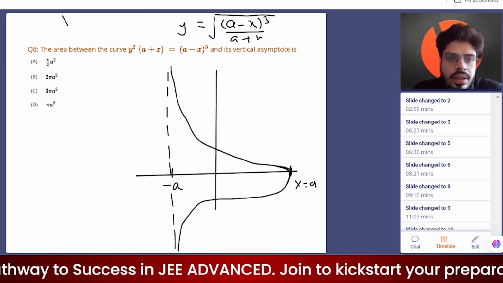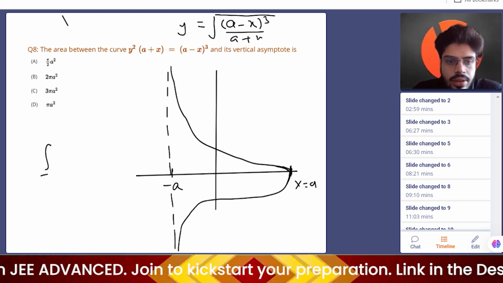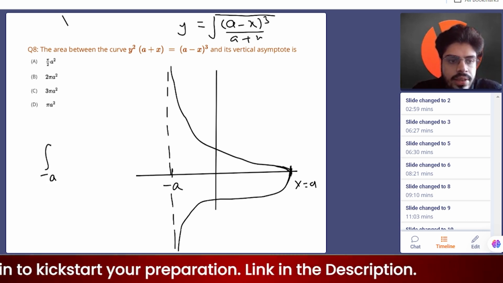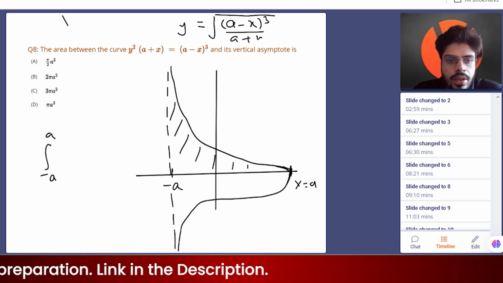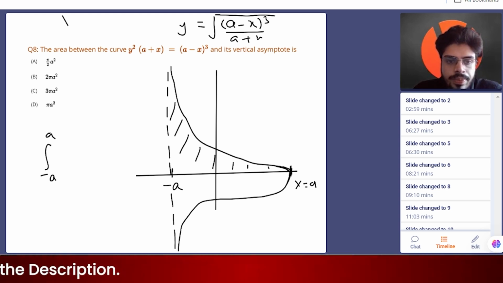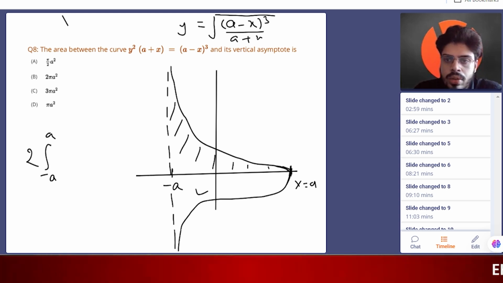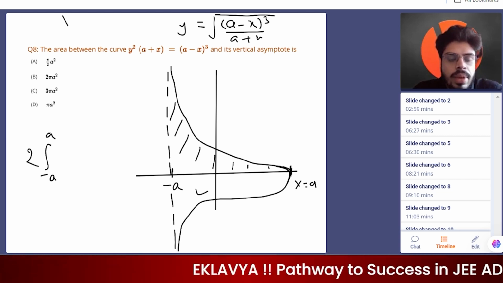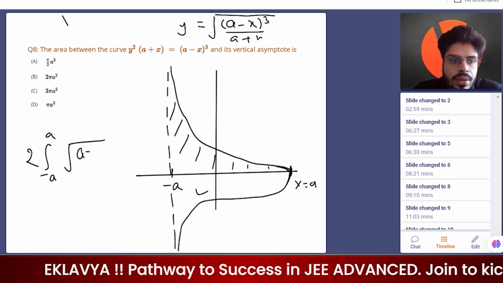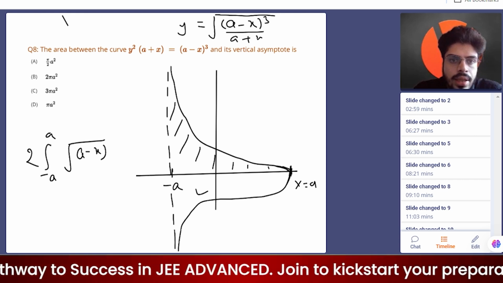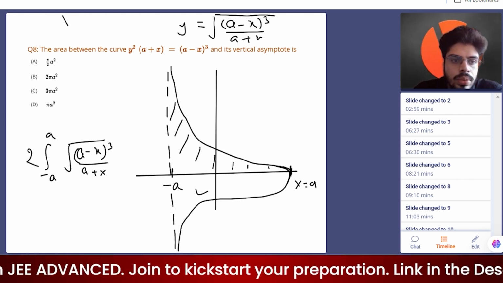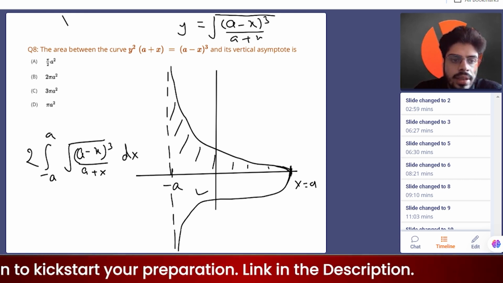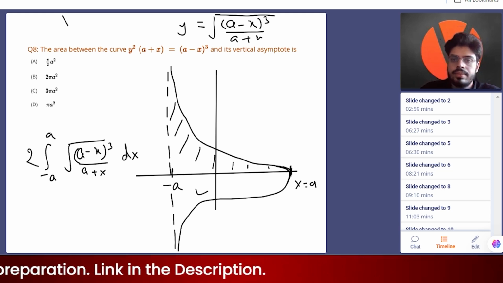So the area under the curve, you can find by integrating from negative a to a, so this area will come. Now this area is also symmetric, so I can double it to get this area. So 2 times the integral from minus a to a of the root of (a minus x) cube upon (a plus x) dx.